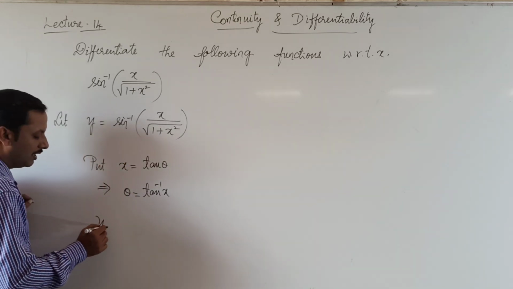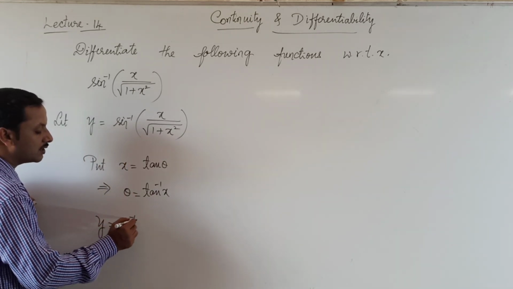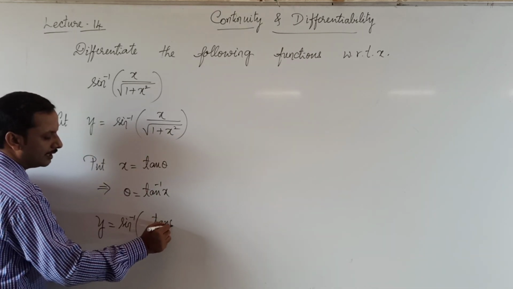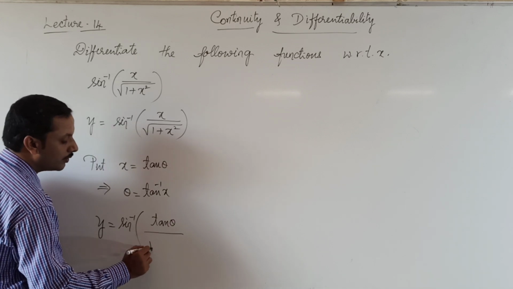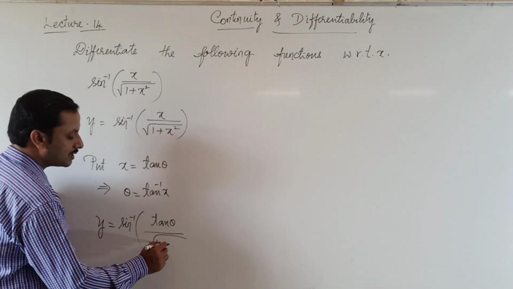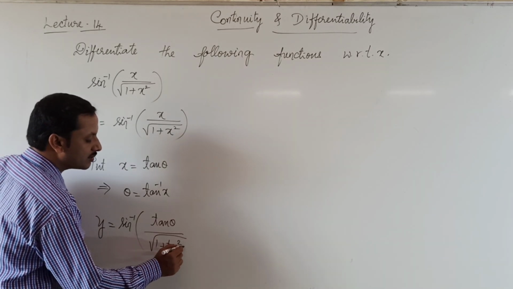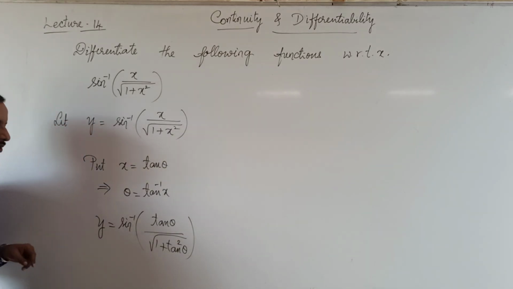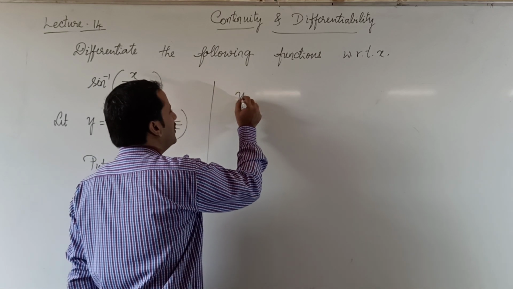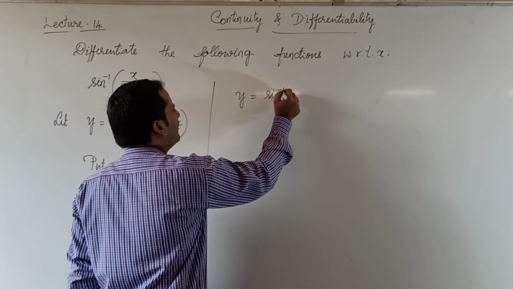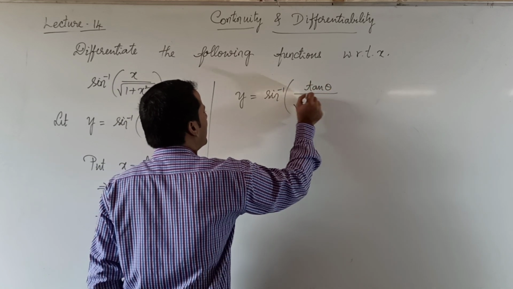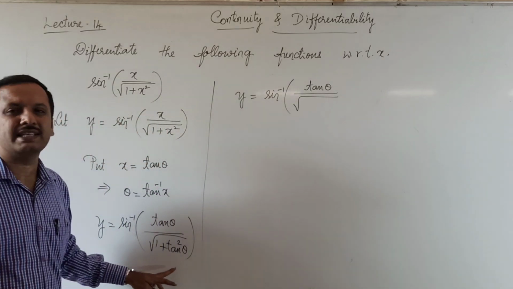Coming to this now, y is equal to sine inverse of x divided by root of 1 plus x square. In place of x, I am writing tan theta, so x square will become tan square theta. So y is equal to sine inverse of tan theta divided by square root of 1 plus tan square theta.